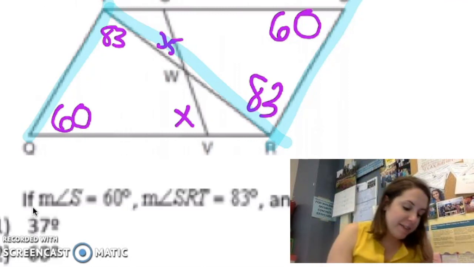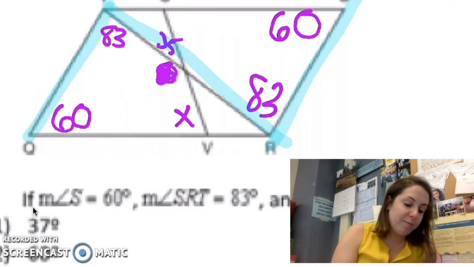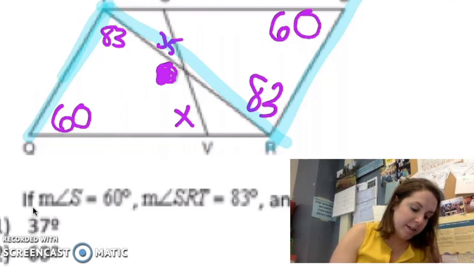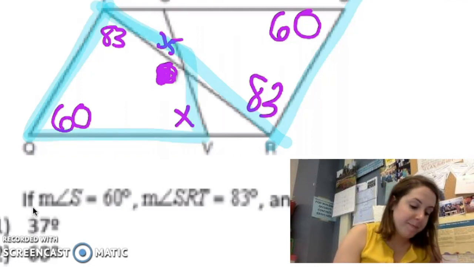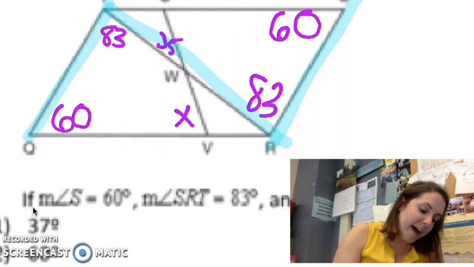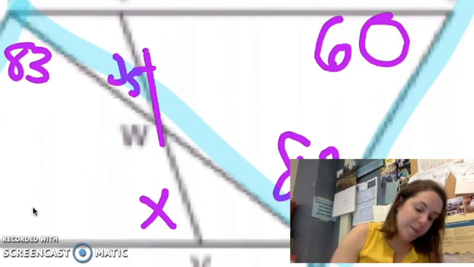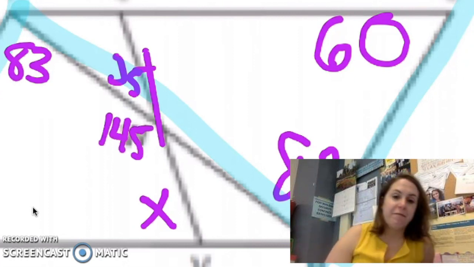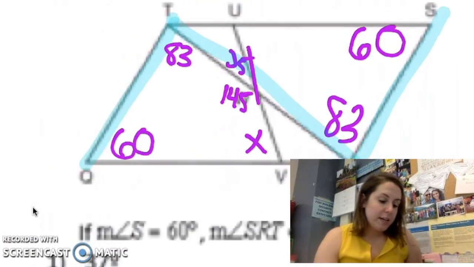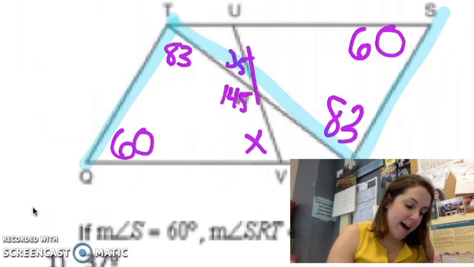And I want to figure out this angle right here because that's going to give me all four angles in this quadrilateral. Okay, so to figure that out, well, I know that this is a linear pair. So I can do 180 minus 35, so this is 145. I know now that I have a quadrilateral right here.